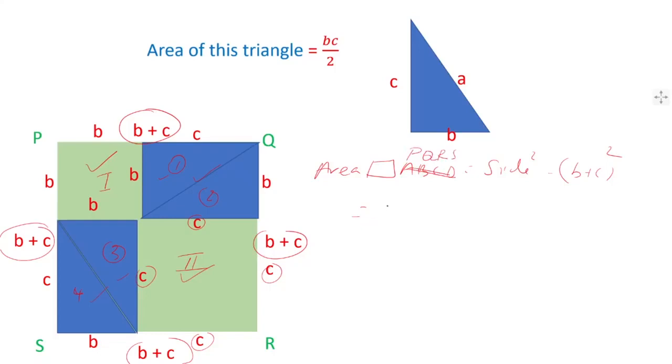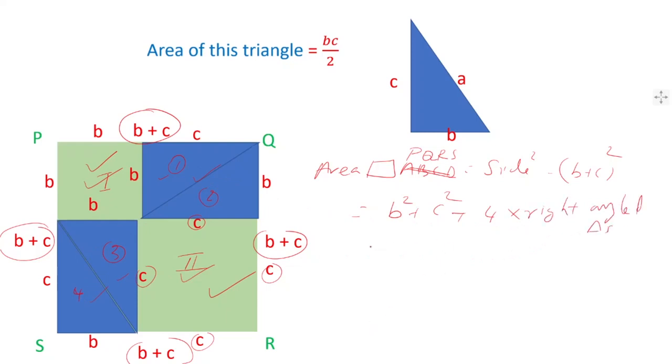Now I will write it is equal to B square, this one is done, plus C square, this one is done, plus 4 into area of 4 blue right angled triangles. Right?